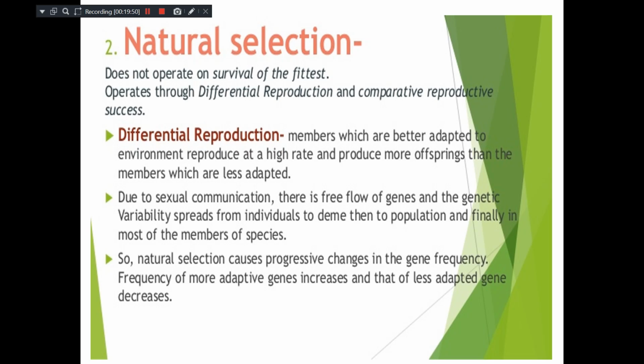But in the modern synthetic theory of evolution, natural selection is there, but it is not the same natural selection which Darwin proposed, which operates on survival of the fittest. We have found that natural selection operates through differential reproduction, or comparative reproductive success.